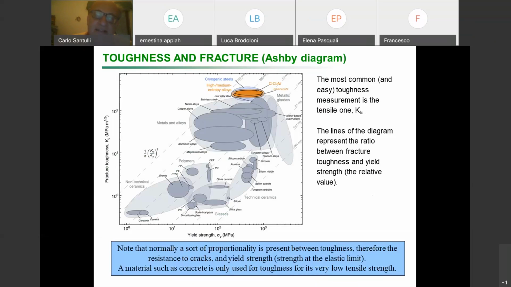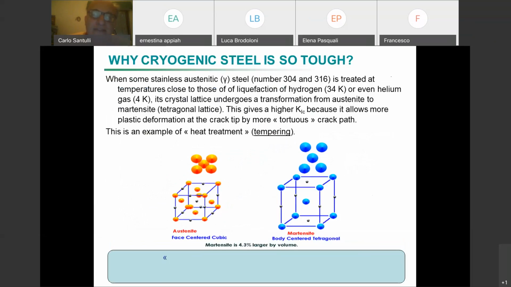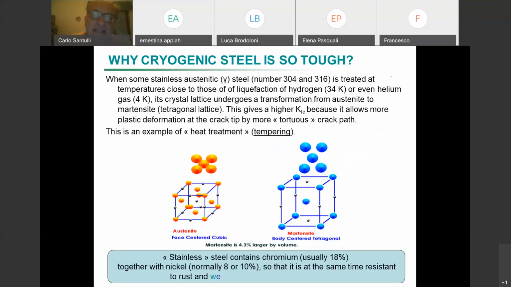Cryogenic steels are steels which have been subjected to a treatment. So we have stainless steel, a steel which is normally austenitic.